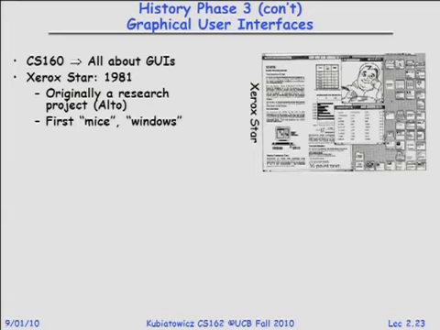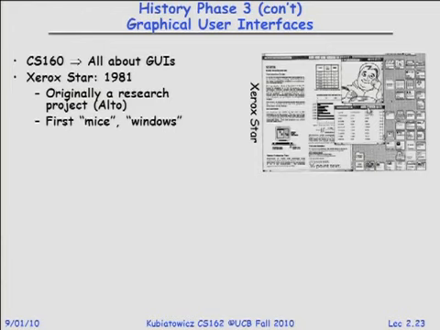Xerox built the Xerox Star in 1981, and this was, believe it or not, the first machine that had mice and windows. It wasn't developed by Microsoft, it wasn't developed by Apple, it was developed by Xerox at Xerox PARC. This was their experiment in how to interact with users.